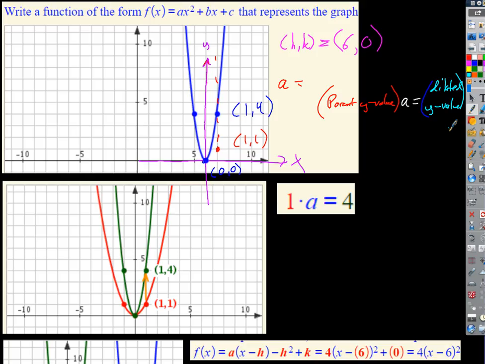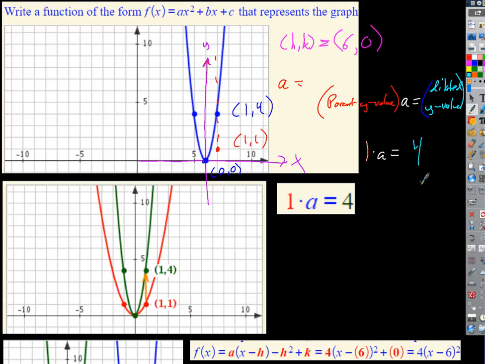All we're saying then is 1 times a equals 4, right? So what's a? 4. Makes sense. We stretched it up by a factor of 4.